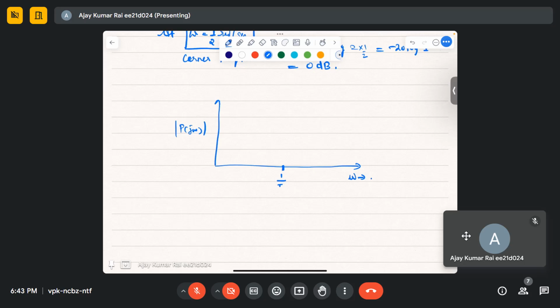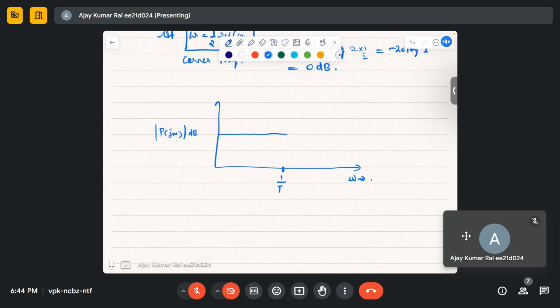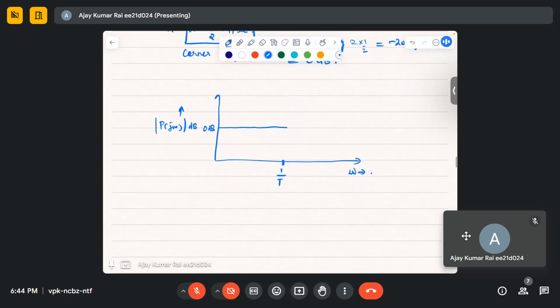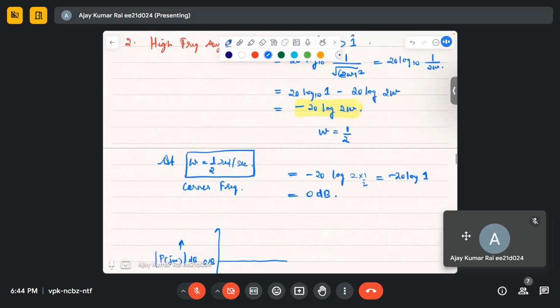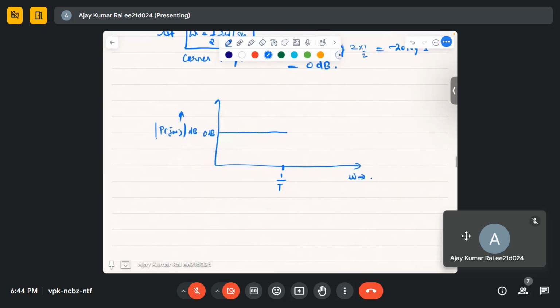At 1 by T it will decrease. So you have seen how it is decreasing like this.